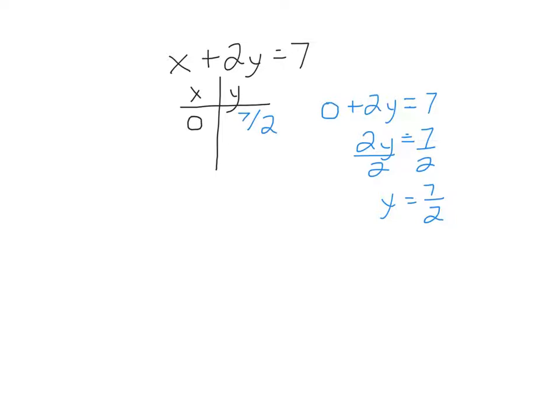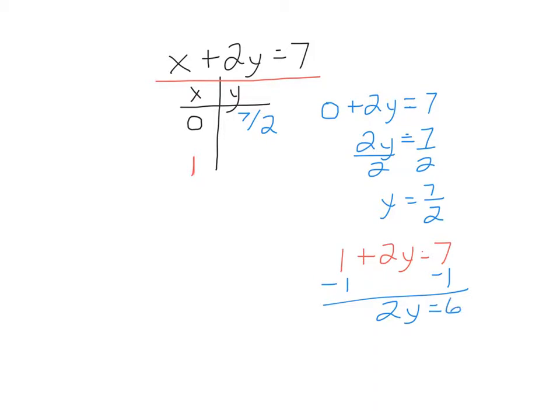If I let x equal 1 and put in 1 for the x in that original equation, x plus 2y is equal to 7, then I'm going to have 1 plus 2y is equal to 7. If I subtract 1 from both sides, I would end up with 2y is equal to 6.